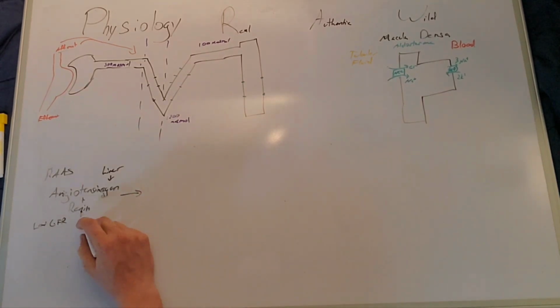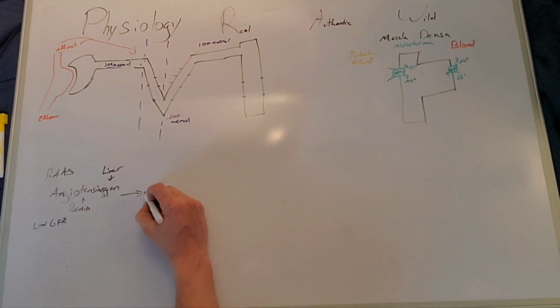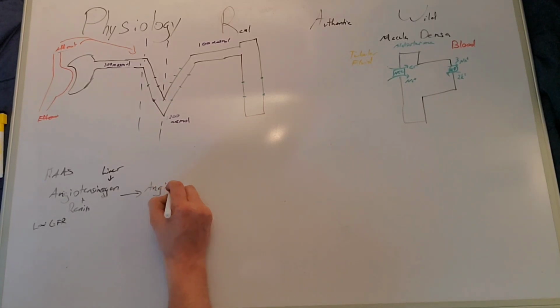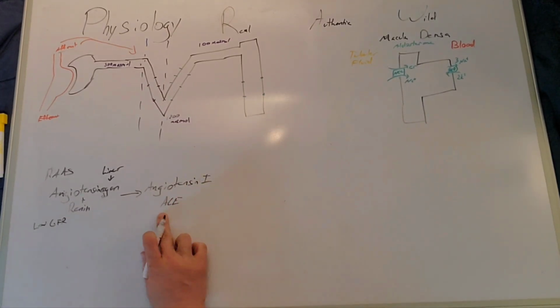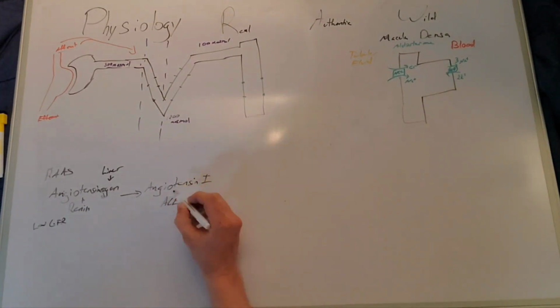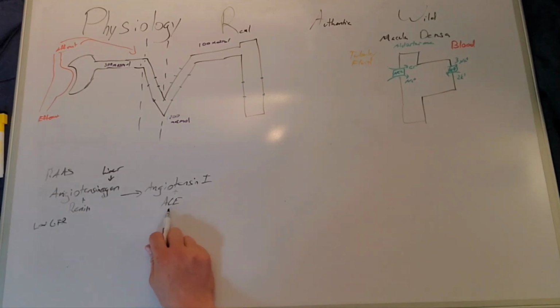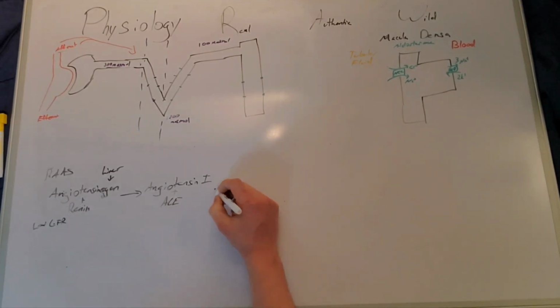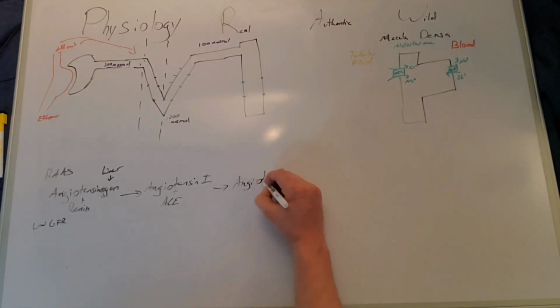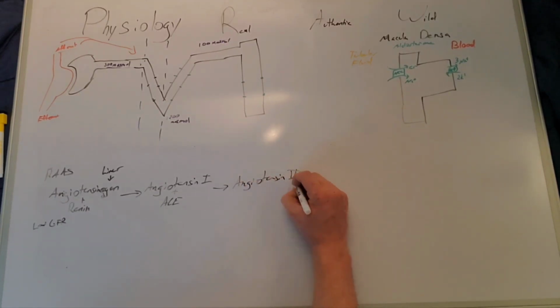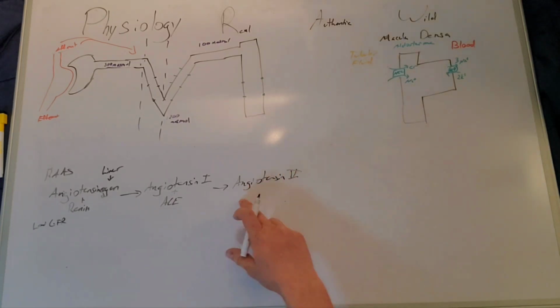But that will produce, so renin and the cleavage will produce angiotensin 1, and then that will interact with ACE, which is angiotensin converting enzyme, that will create angiotensin 2. And so this one has a few different effects on a couple things.